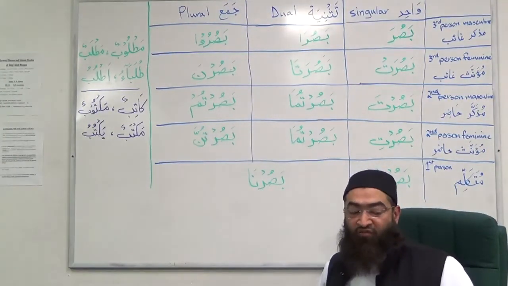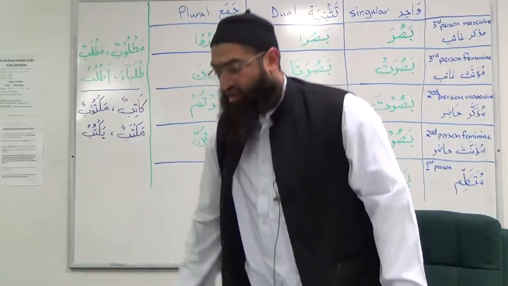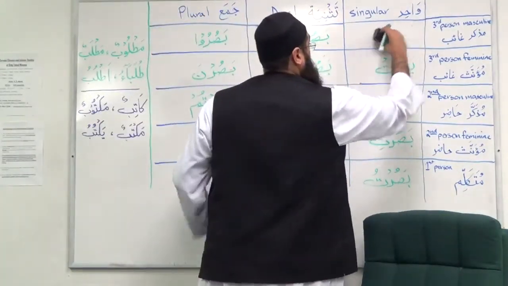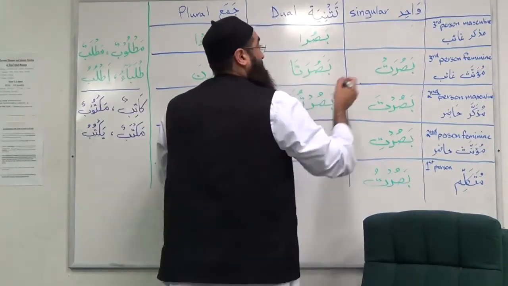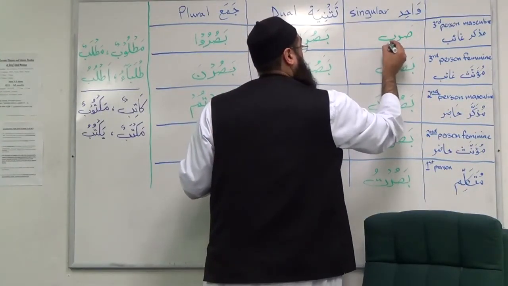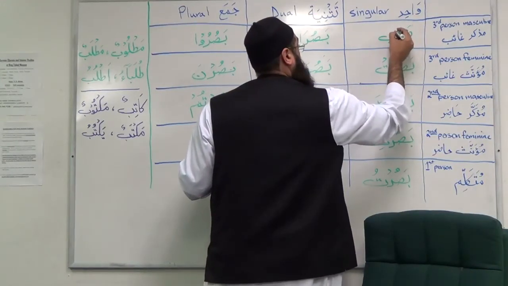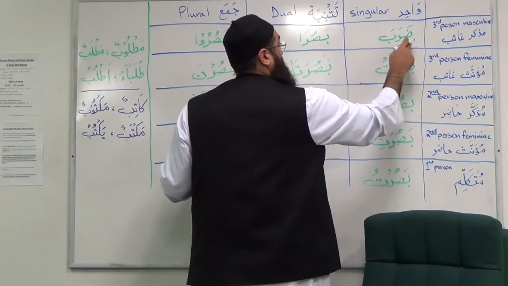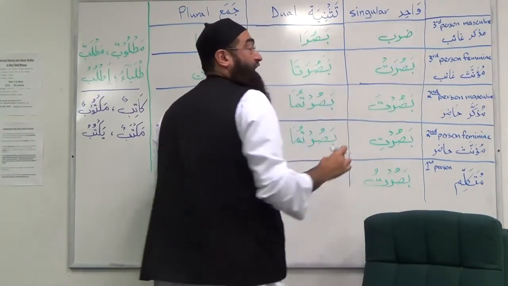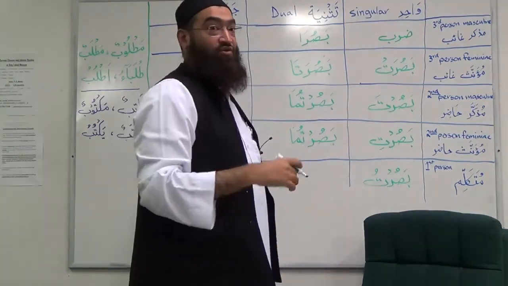And the way you make fi'l majhul is, for example, let's say this is daraba, right? Daraba, to hit. That one man hit. So what if we were going to say that one man got hit?